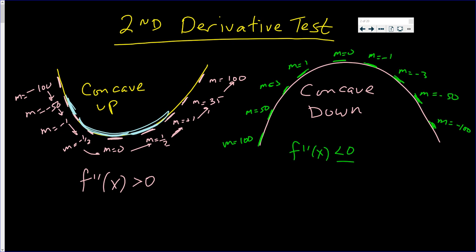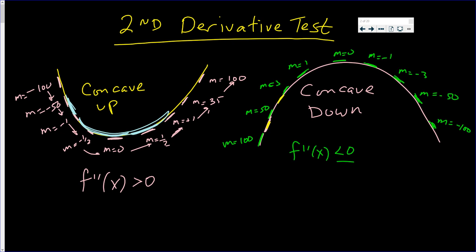Now, on the other side, you have the same thing. If you just have a small portion of the curve, even just that little portion there, this portion in yellow, that's concave up.